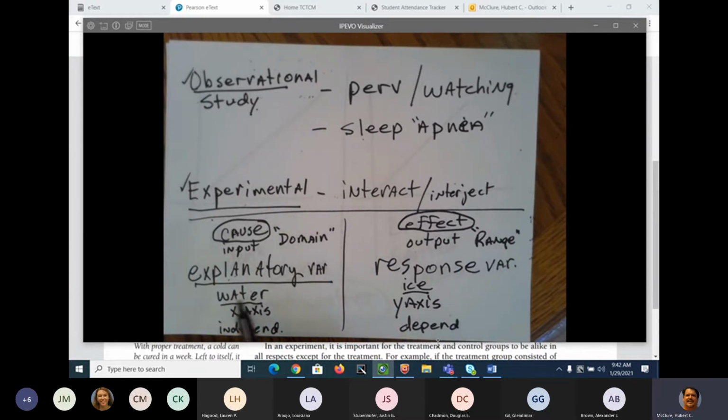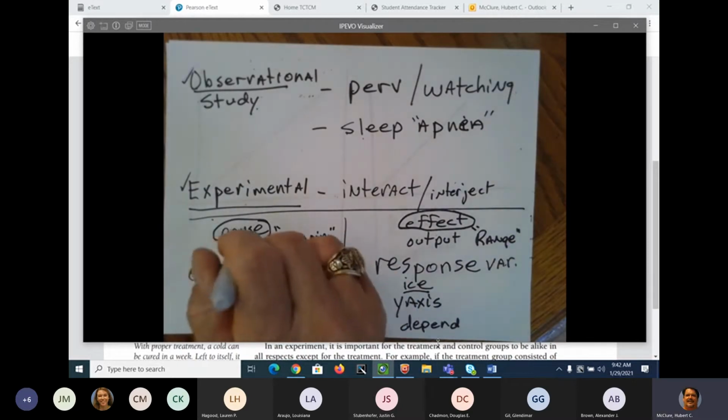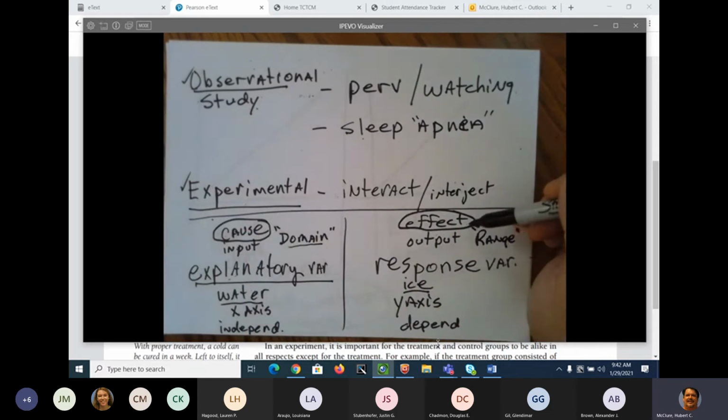So what is the input? The input is usually the independent variable. In statistics, it's called the explanatory variable. That's your input, which in mathematics is your domain. And the cause produces the effect.